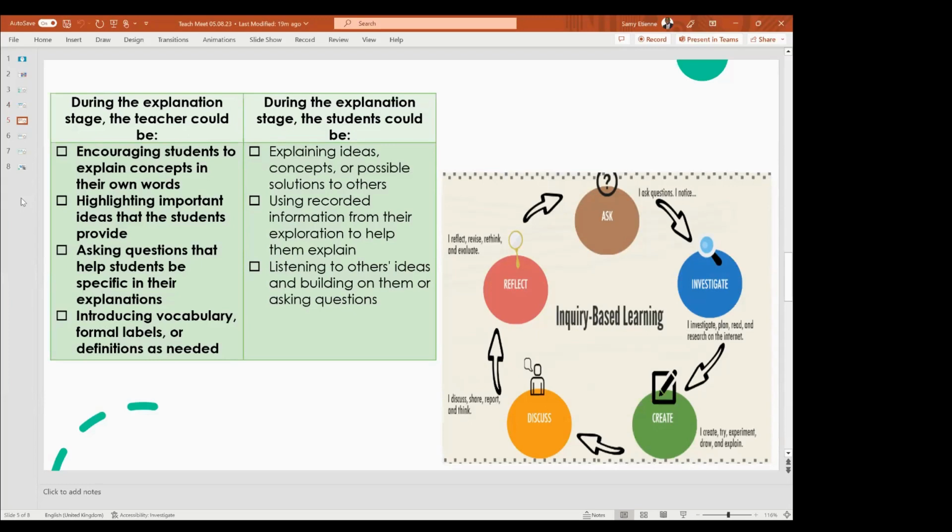It is really the time where they communicate their ideas, and it's good for you as a teacher to gauge to what extent they've been grasping the concepts that you want them to explore, but also to perhaps shape the directions of your lessons as well.